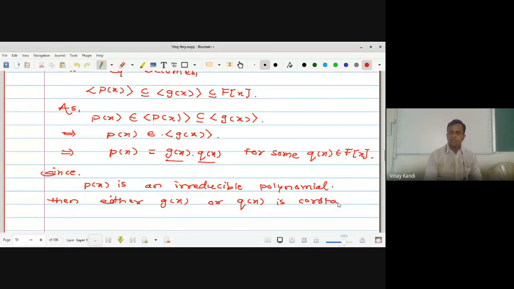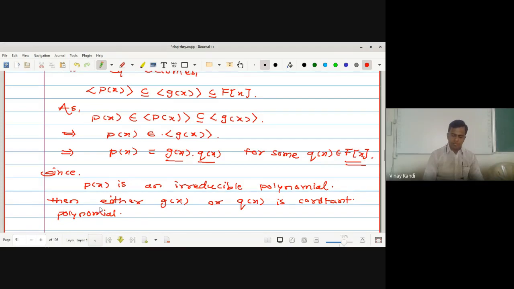Okay, constant because it must be a unit. And what are the units in capital F of x? All constant polynomials. So either g of x or q of x is a constant polynomial.